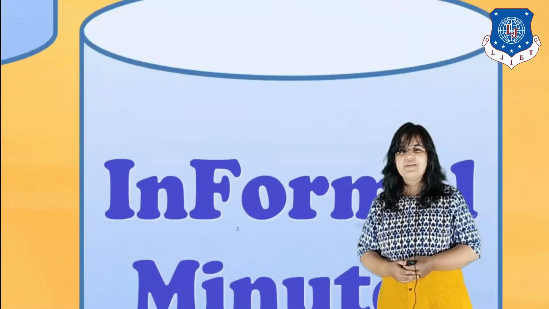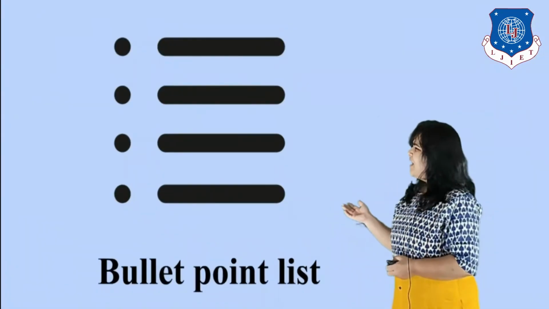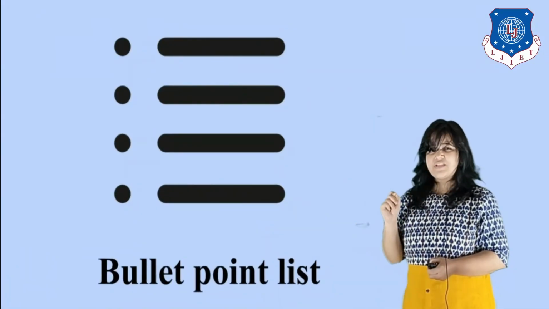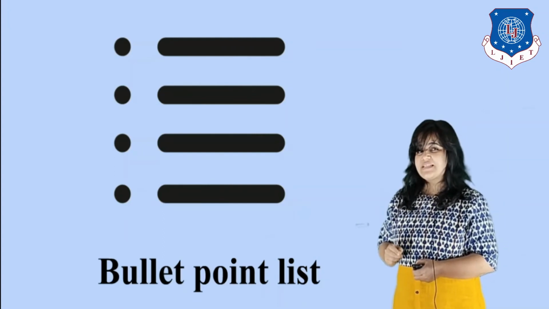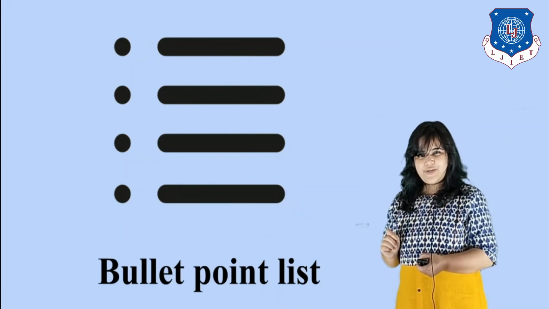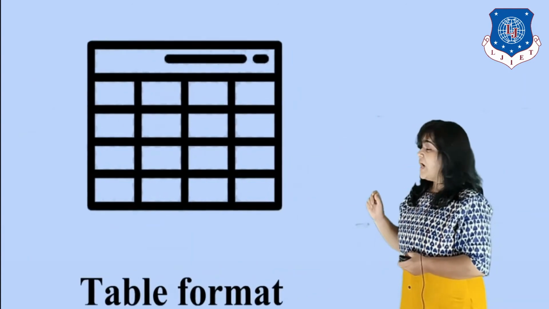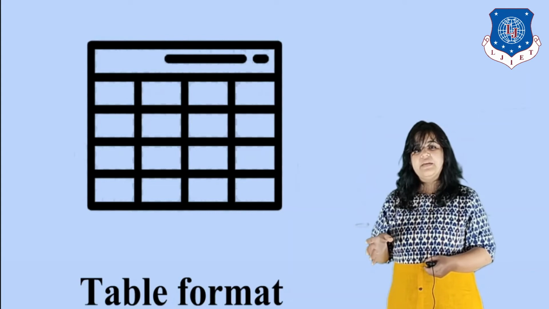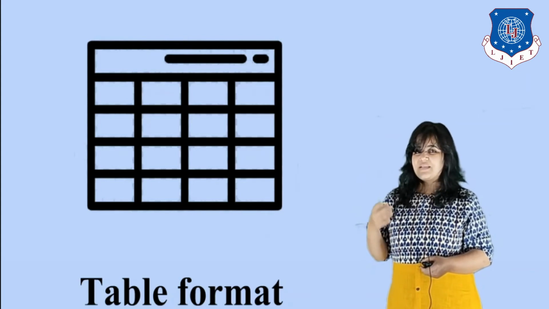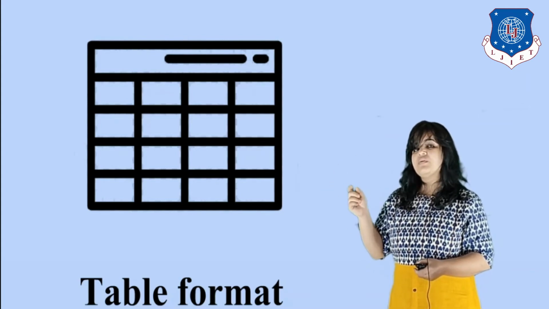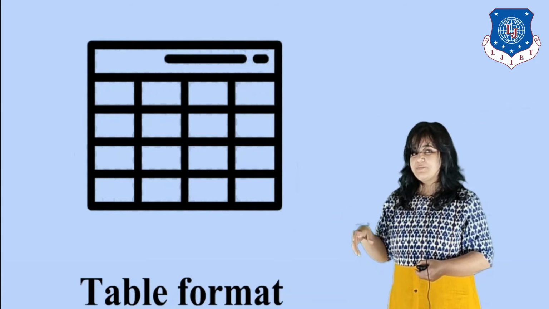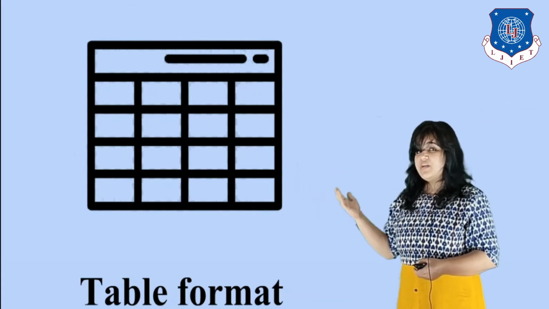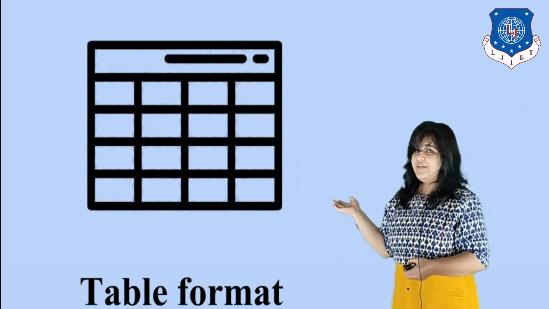But informal minutes do have some format. A bullet point list, where you just mention the major points discussed in the meeting in the form of bullet points. Or a table format, where you would write in one column what points are being discussed, in the second column which persons discussed this point, and in the third column what conclusions were drawn from that point, etc.